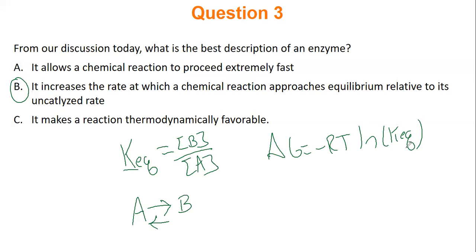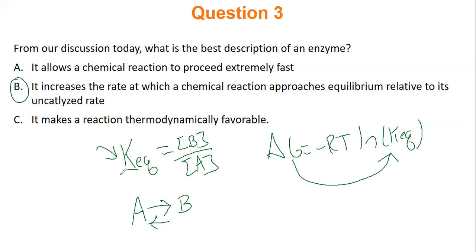So we can calculate delta G based on Keq, which also is a Gen Chem 2 thing that we learned there. Keq is the ratio of products to reactants at equilibrium. What an enzyme does is that it makes us get to Keq faster, right? That's the best definition of an enzyme that you can give.